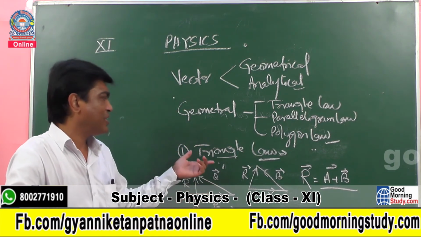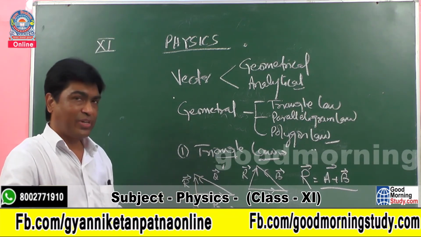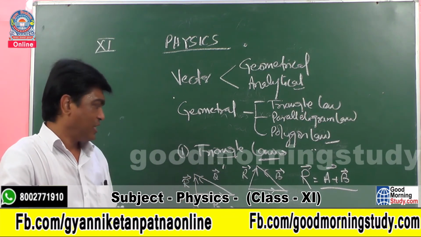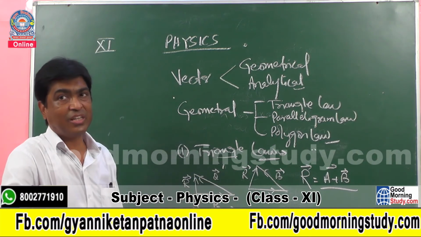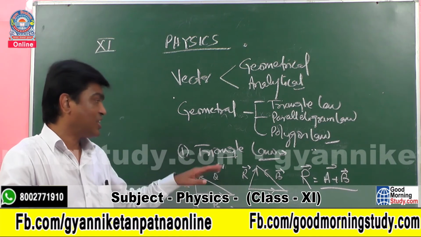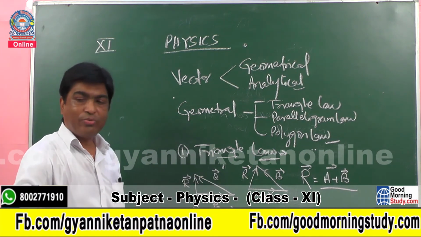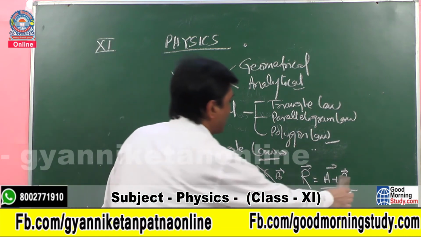You must remember that when two sides of a triangle are represented by two vectors taken in same order, then the third side in opposite order is given by the resultant of these two vectors. This is your triangle law.